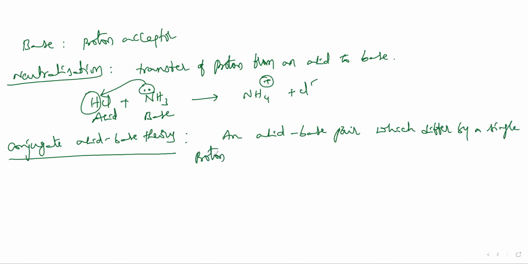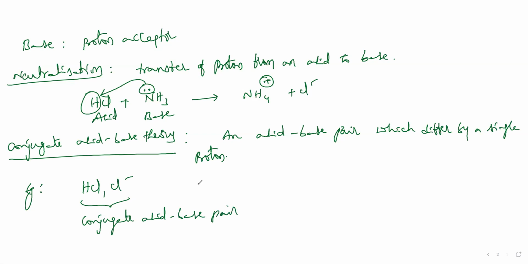So that is what we call acid base pair, right? Now, example for this. If you consider HCl and Cl minus, these two are differing by single proton. So this can be considered as a conjugate acid base pair.